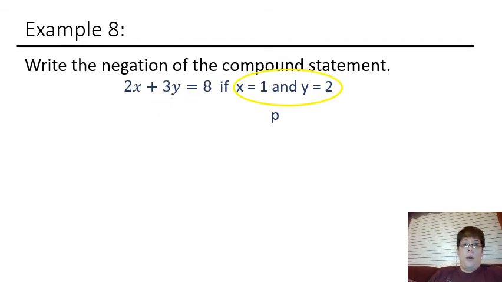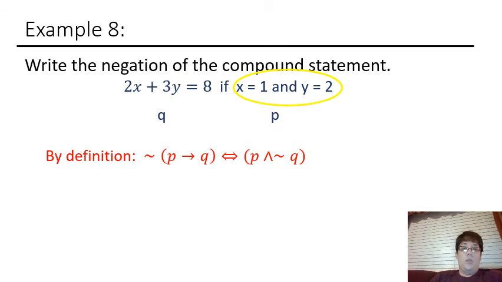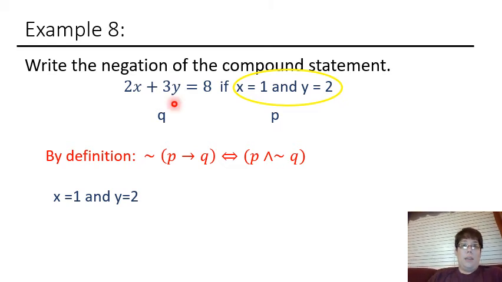All right, so that is going to be my P, and this other statement is going to be my Q. Now remember, by definition, to negate the statement P implies Q, you would make it equivalent to P and not Q. So let's take our P and leave it just like it is, x equals 1 and y equals 2, and then join it with and not Q. Now, take a look at this.